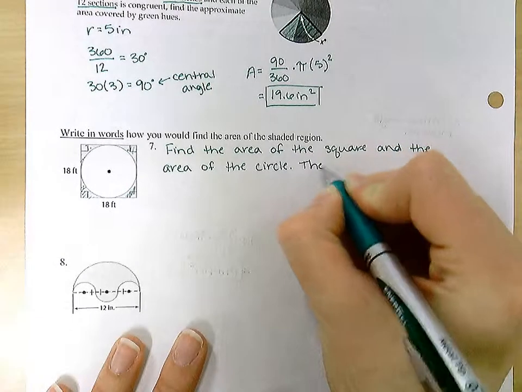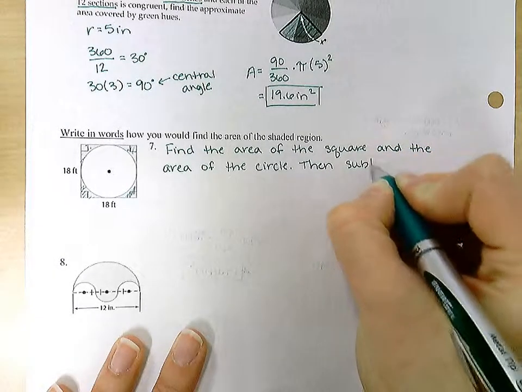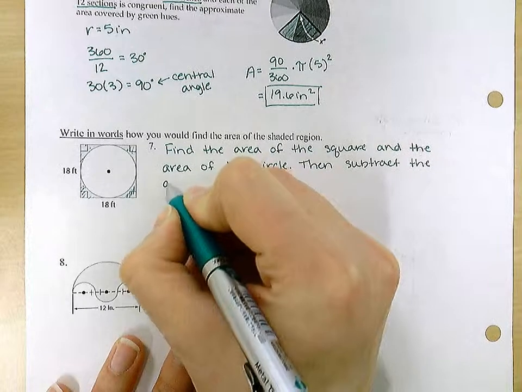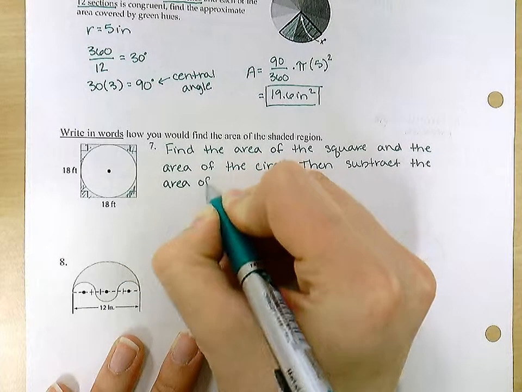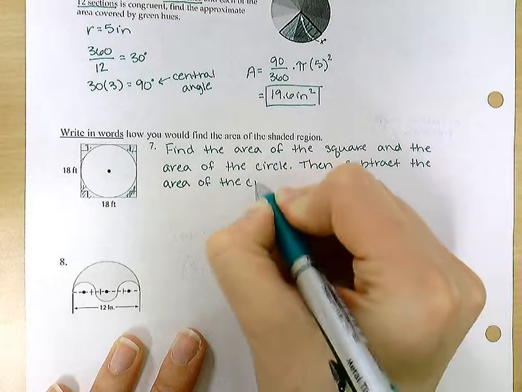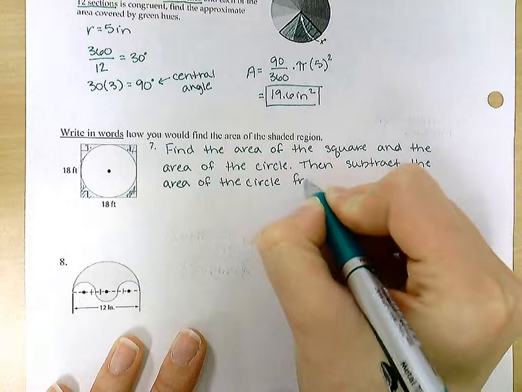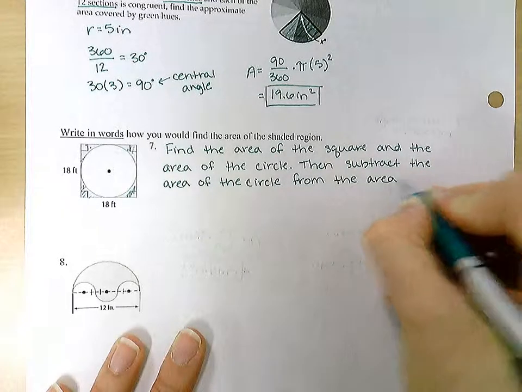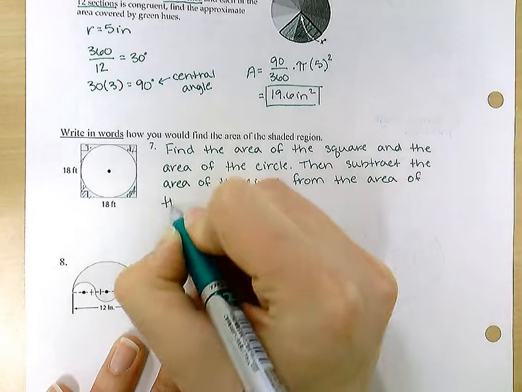Okay, then subtract the area of the circle from the area of the square.